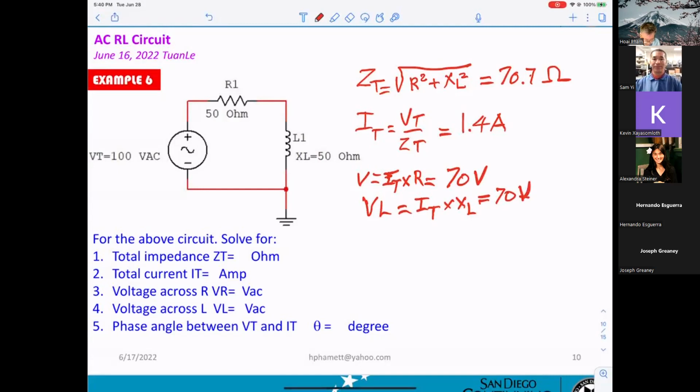Okay, finally the angle, which is tan inverse of XL over R, that is pi over 4, or 45 degrees.